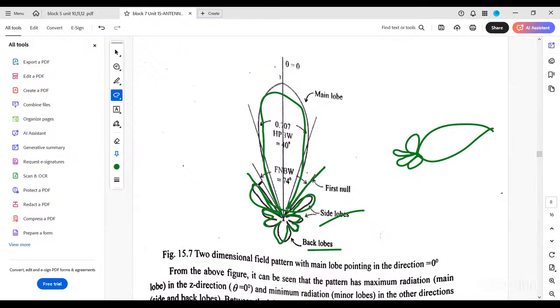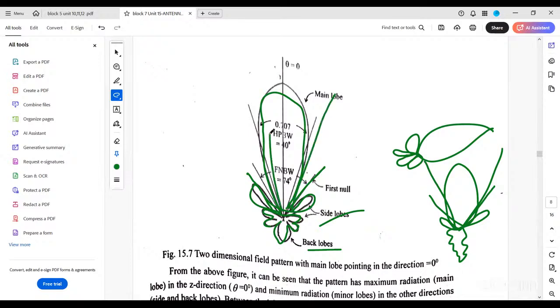Next, two more slant angles are given. The actual diagram is like this: this is the main lobe, beside it side lobes, beside that back lobes. Two slant lines are there. This is the first null; if I choose similarly, this is the second null. First null, second null, main lobe.